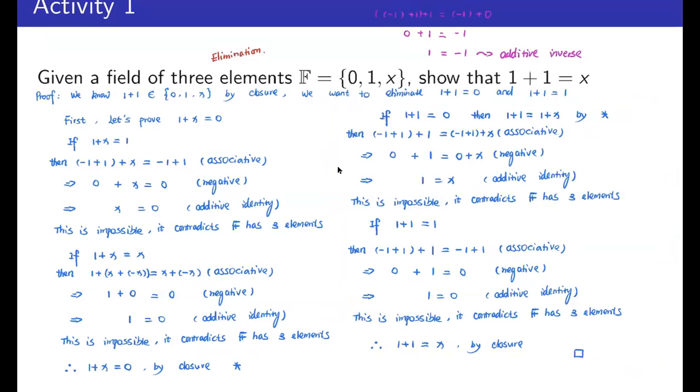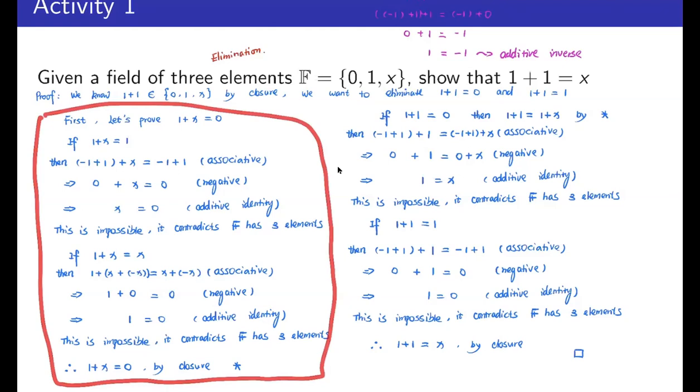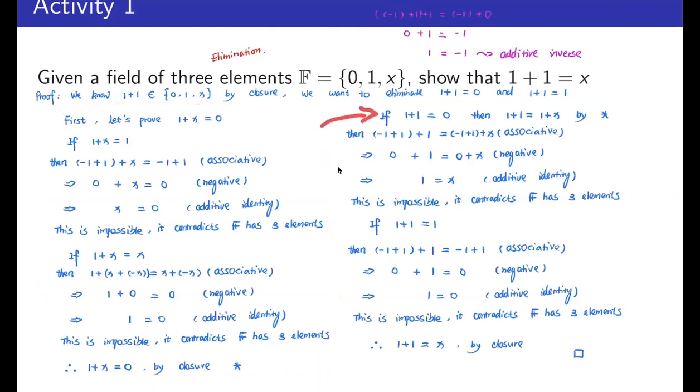Oh, so we want to eliminate 1 plus 1 equals 0 and 1 plus 1 equals 1. So this side, I'm eliminating those two, because you want to show 1 plus 1 equals x. So this side of the work is just for you to prove this is not true. It's like a supporting thing so that you can prove this is not true.